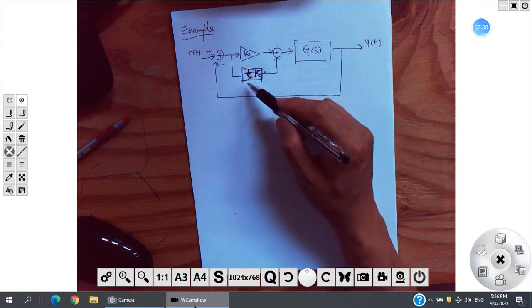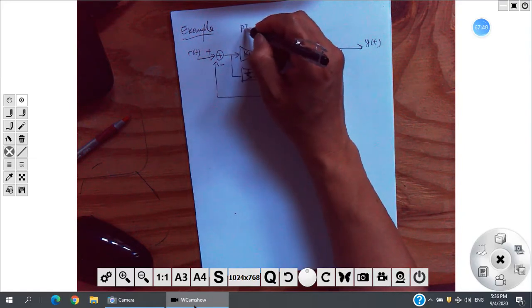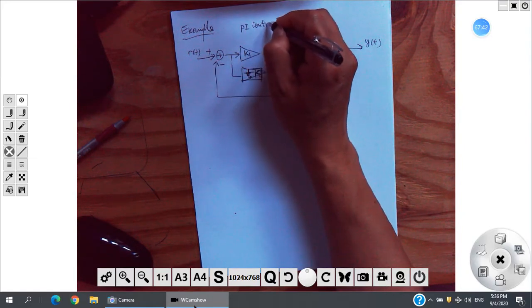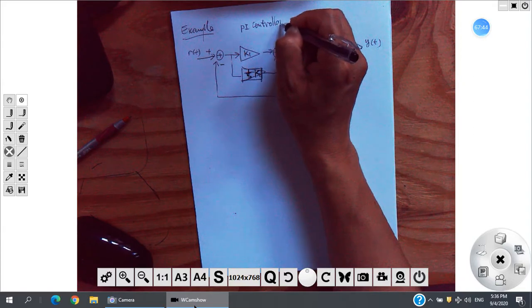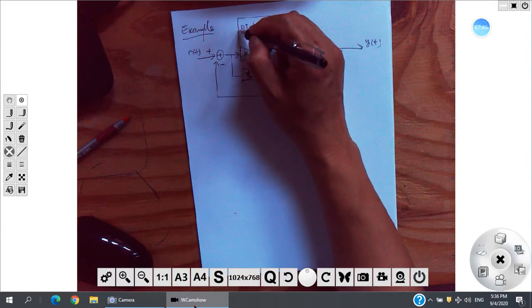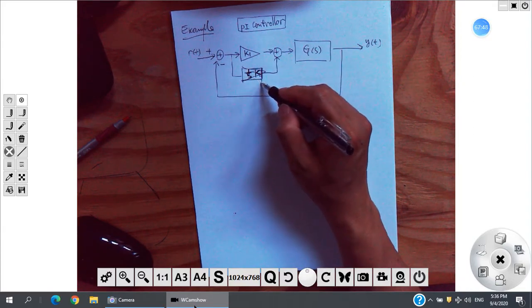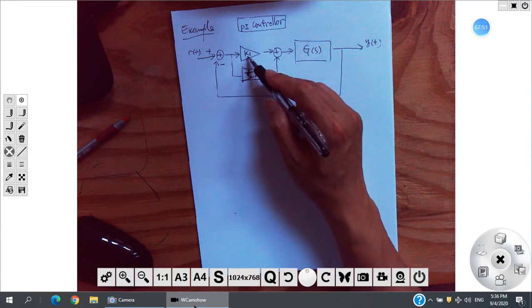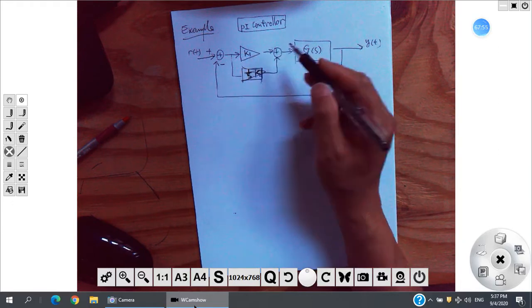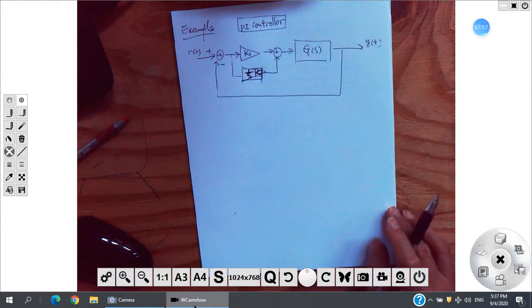This is a PI controller. I is the integration, and P is the proportion, right? Proportion. Yeah, so this is a PI controller.